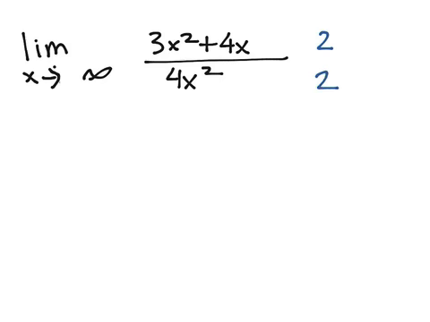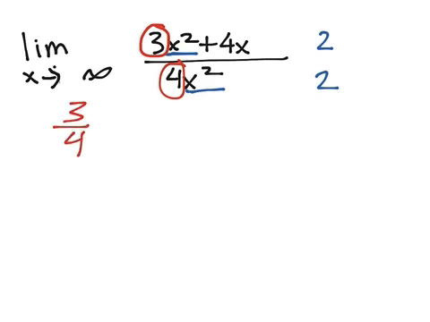So when the degrees of the numerator and denominator are equal, what we do is we divide the coefficients of these highest degrees. So this x squared is our highest degree term, and this x squared down here. So we would just divide the coefficients, to get 3/4.